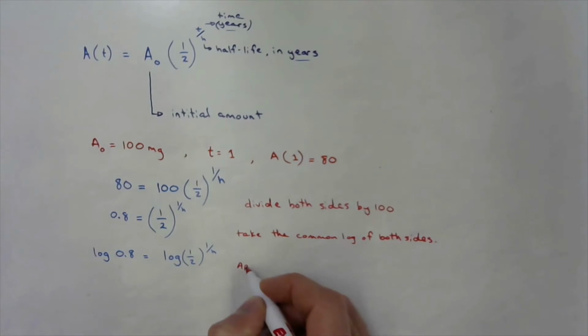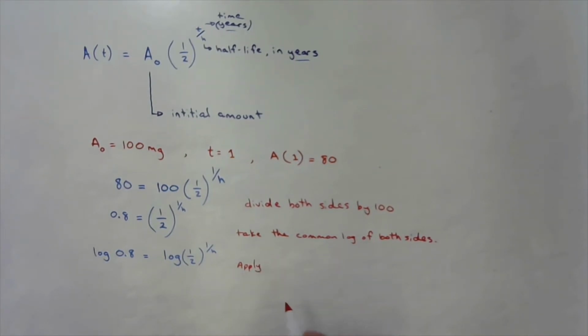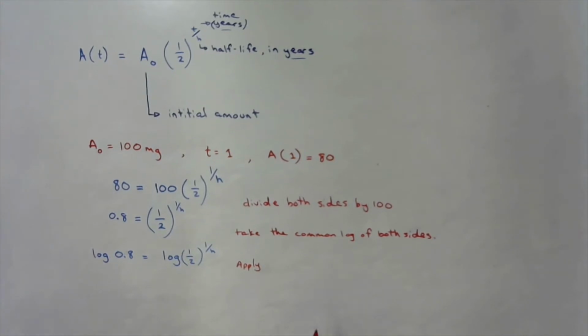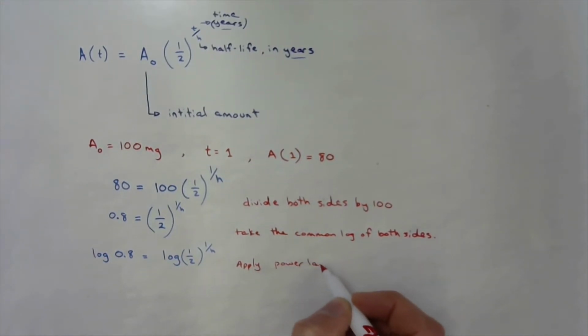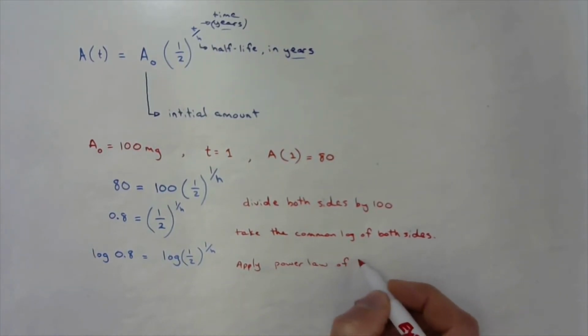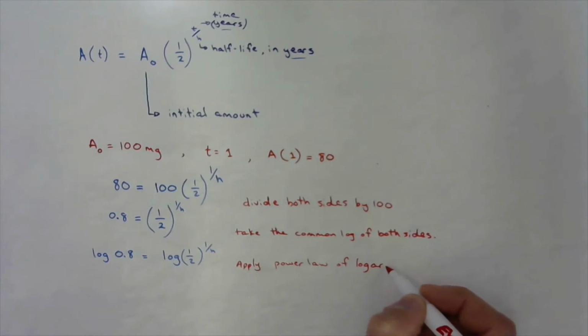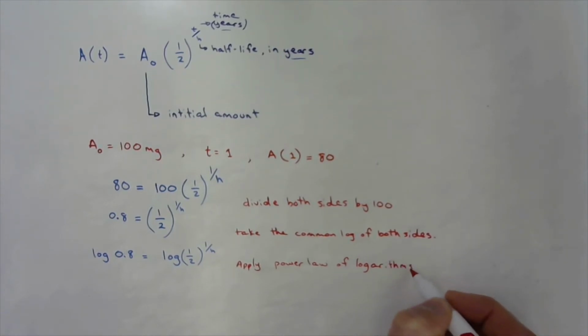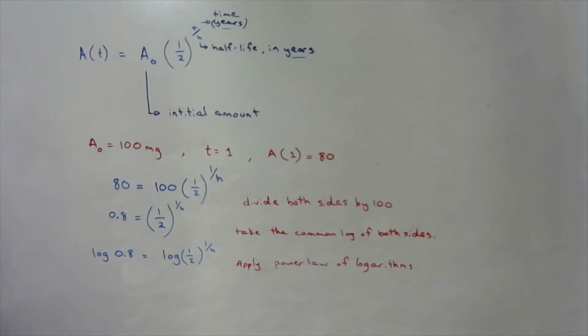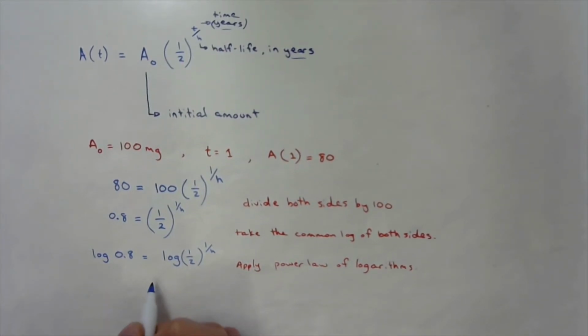Which rule can we apply? I'm sure you know what to do, you just don't know what it's called. Apply the power law of logarithms. Power law of logarithms says that you can take the exponent here and put it as a multiplier out front.